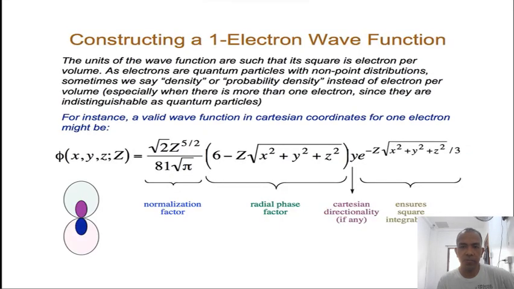So next slide. This slide is an example of an electron wave function that is the exact solution to the one-electron Schrödinger equation for a single atom, and one of those solutions is the 2p orbital.